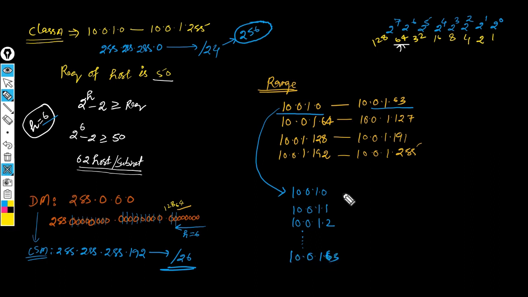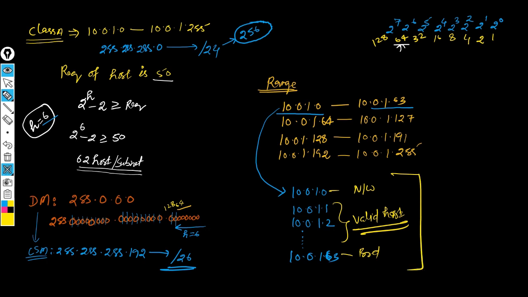Now write down: this is going to be your network ID, this is going to be your broadcast ID, and in between is your valid hosts. Simple. This is how you calculate it, and you get 62 hosts per subnet, as we have calculated already.